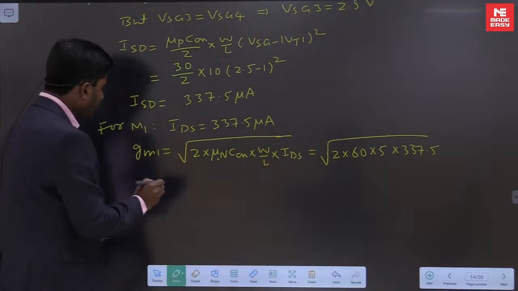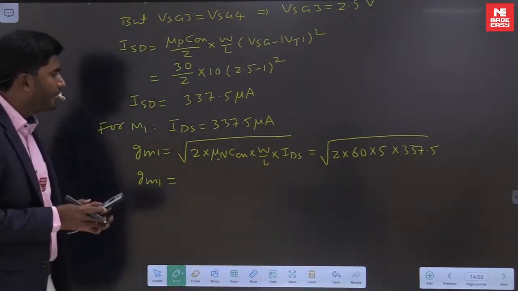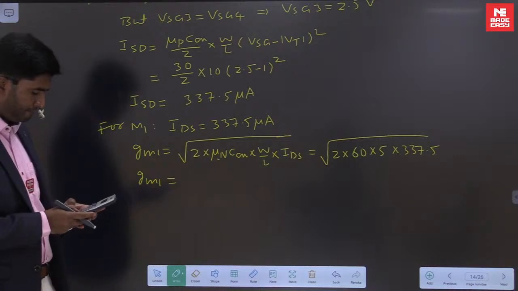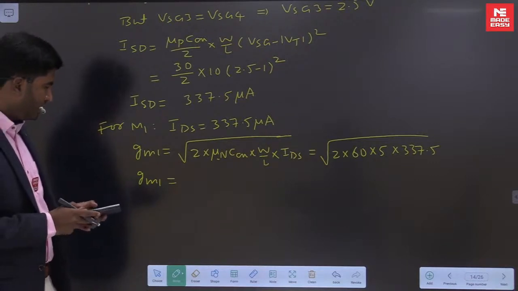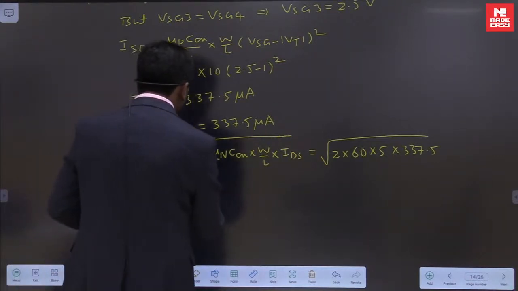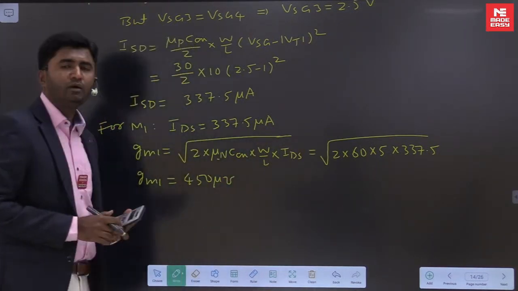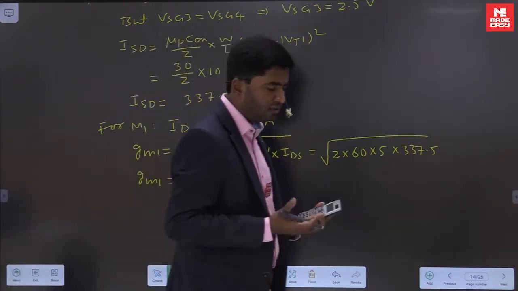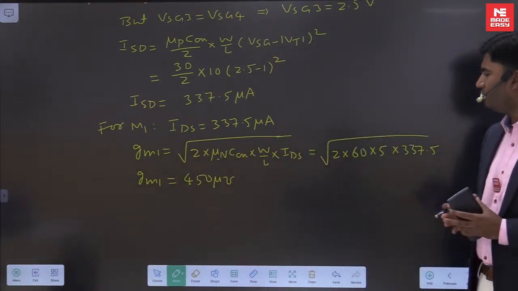Now from here calculate gm1. I'm getting it as 450 micromho. This is the transconductance of M1.